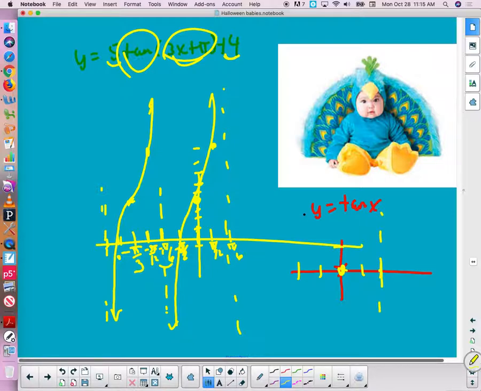At pi over 4, tangent is this lovely 1. At negative pi over 4, tangent's negative 1. When you're doing sine and cosine, it's going to hit those max and mins, those highs and lows, always a fourth of the way through because of how your circle's going. So many things we divide into 4 equal parts in real life. Just 1, 2, 3, 4, 1, 2, 3, 4.